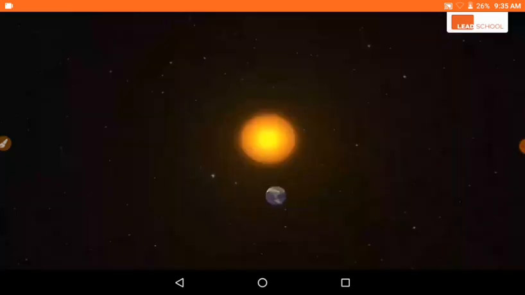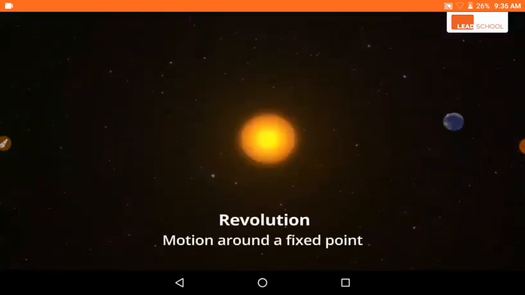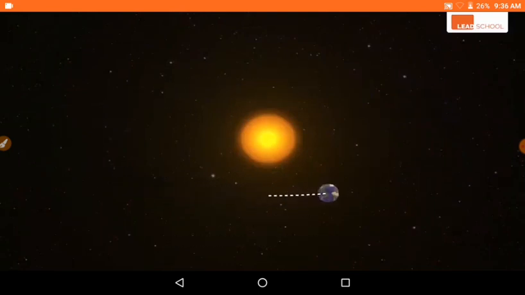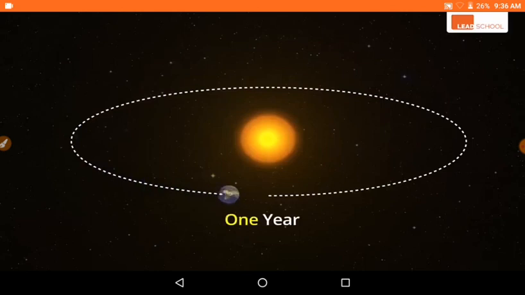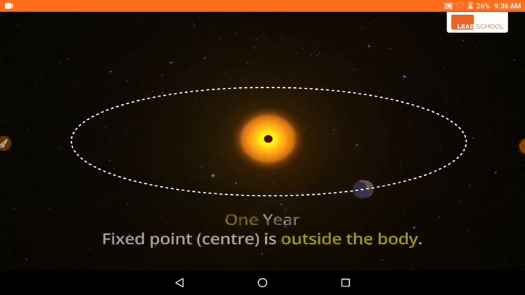When a body goes around a fixed point periodically, such motion is called a revolution. The Earth moving around the Sun is a good example of revolution. The Earth completes one revolution around the Sun in a fixed period of 1 year. Note that the fixed point is outside of the body.